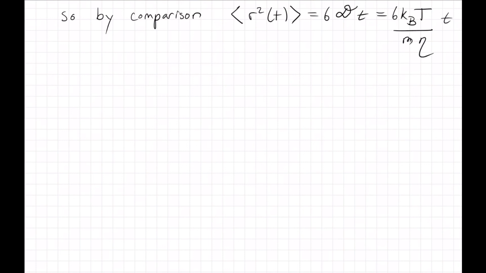If I then do the comparison between the result that we got this time using the solution to the diffusion equation with concentration, and our previous Brownian motion solution for the ensemble average of R squared subject to random forcing, you can match terms and come up with an explicit formula for the molecular diffusivity of a small particle subject to Brownian motion.